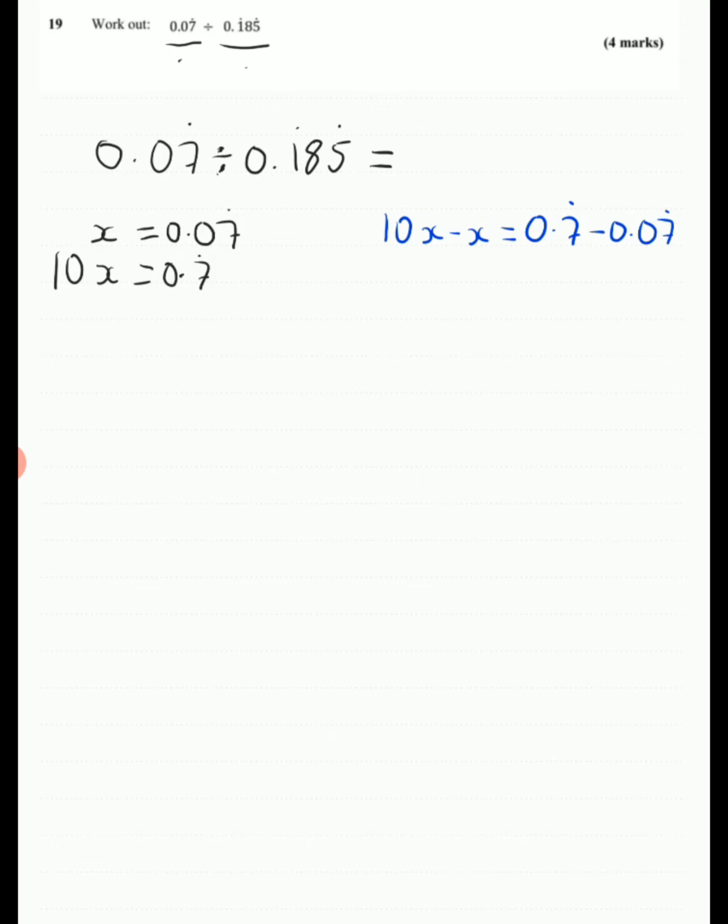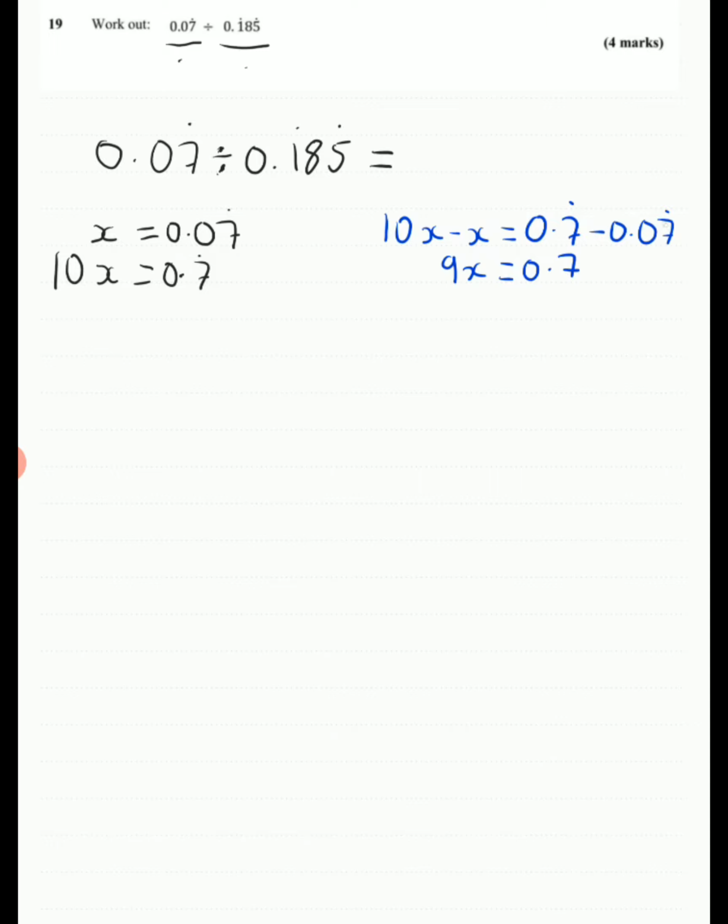And the reason we're doing this is to get rid of the recurring parts, right? It's quite difficult to divide unless you're dividing by the same recurring aspect, so we are trying to get rid of the whole recurring part by taking away. So 10x minus x would give us 9x. 0.7 recurring minus 0.07 recurring: everything after the 10th column would be taken away by the second number, which means we would just be left with 0.7.